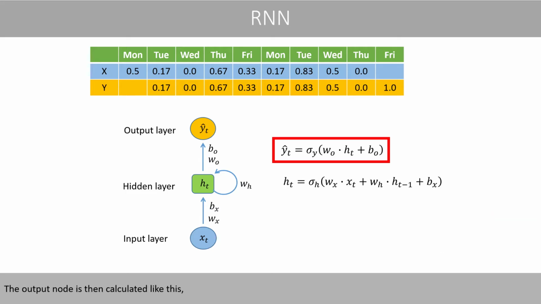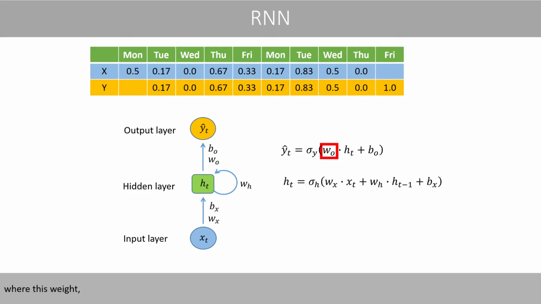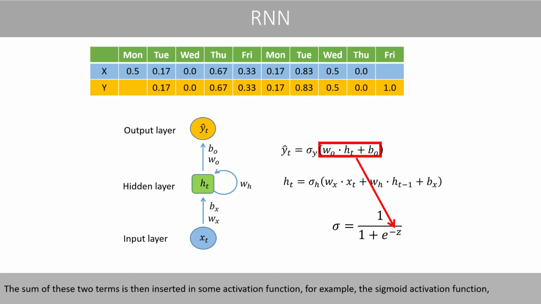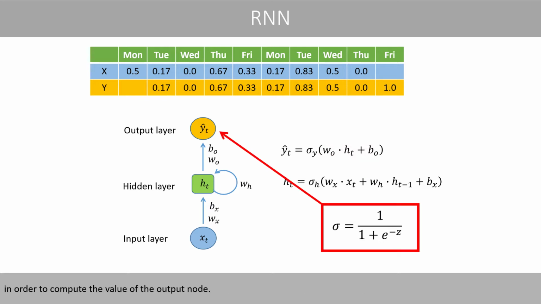The output node is calculated like this, where this weight is multiplied with the value of the current hidden node. This is the bias weight associated with the output node. The sum of these two terms is then inserted in some activation function, for example the sigmoid activation function, in order to compute the value of the output node.